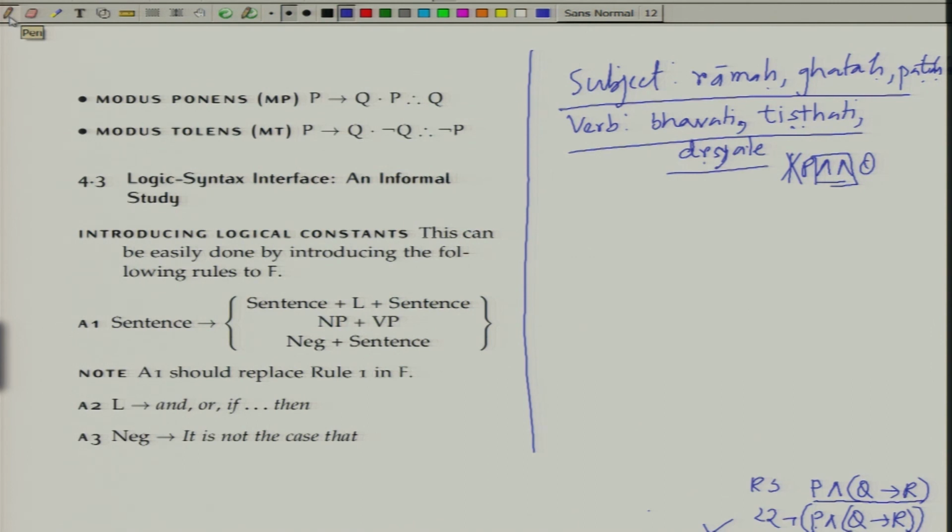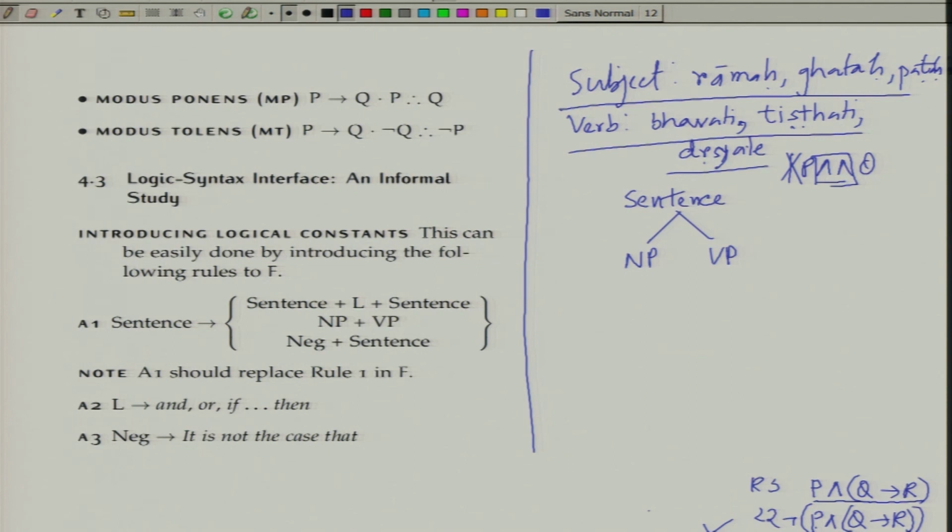It is not difficult to enhance the rules that are presented in Syntactic Structures. We can add one very easily. We could have said sentence goes to sentence plus L plus sentence. Now I try to write what it could mean. We have seen that sentence goes to NP VP.